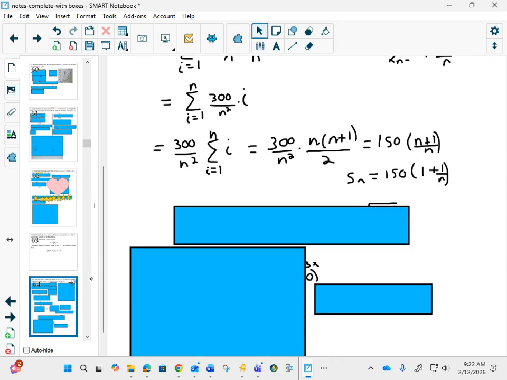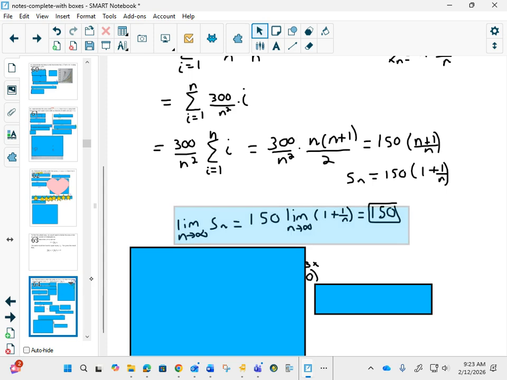What's nice about this formula is if you decided to do 7 rectangles, right? You could do 150 times 1 plus 1/7 and get that overestimate. But we want to find the actual value, and the actual value of the area would be the limit as n goes to infinity.